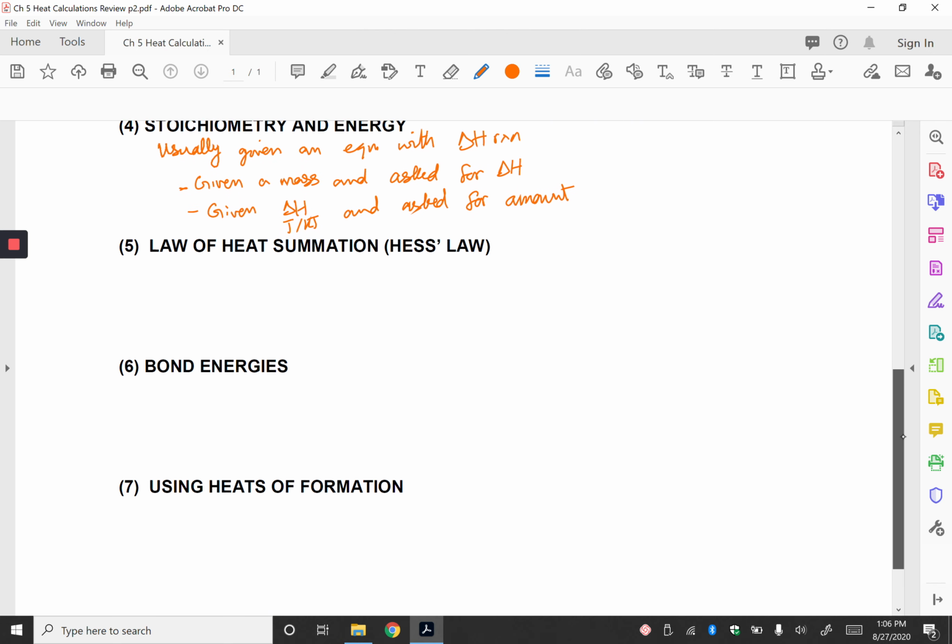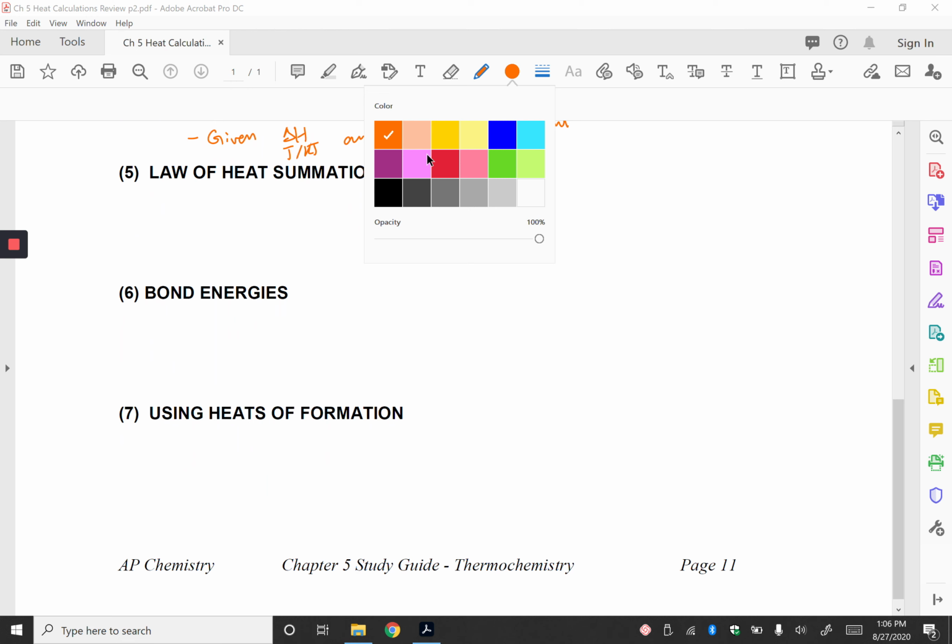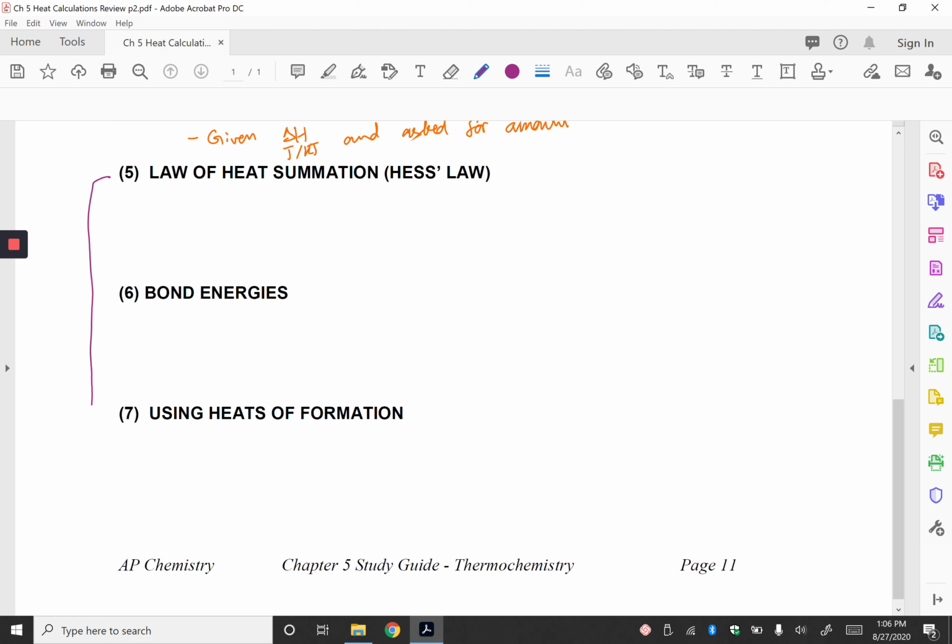Okay. Next, for these, typically the answers are gotten from tables. And so for these, your answer is usually kilojoules per mole or kilojoules per mole of reaction. So let's start with Hess's law.